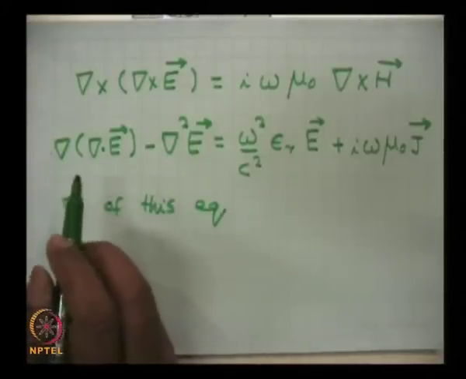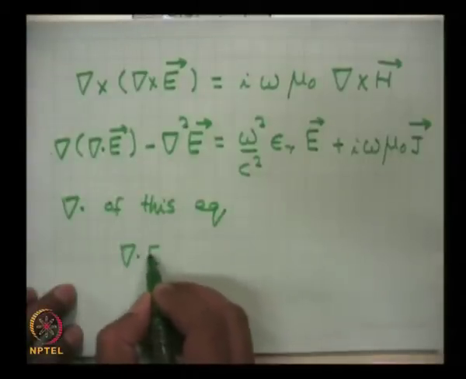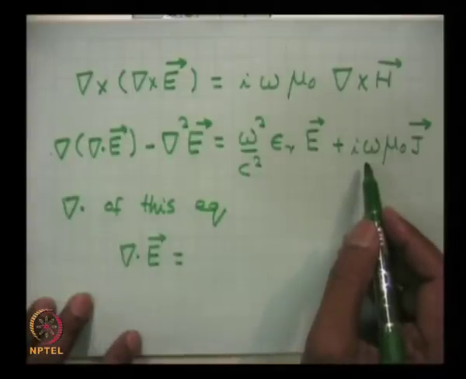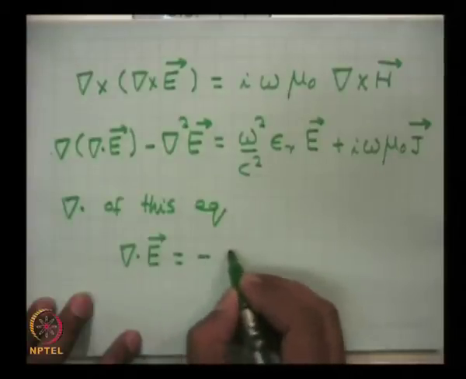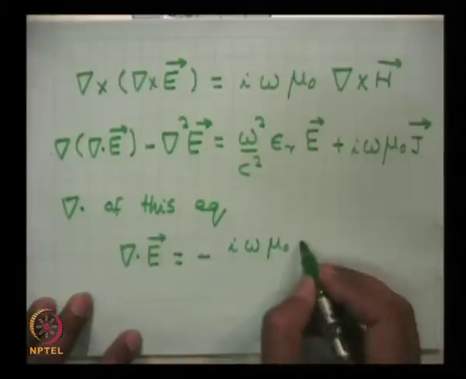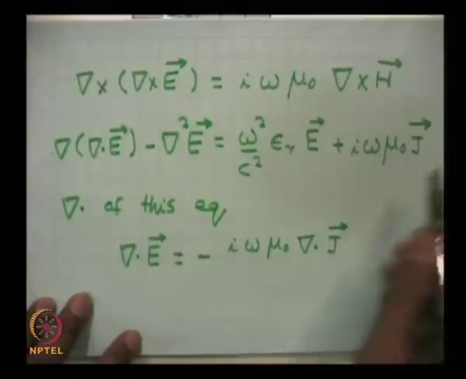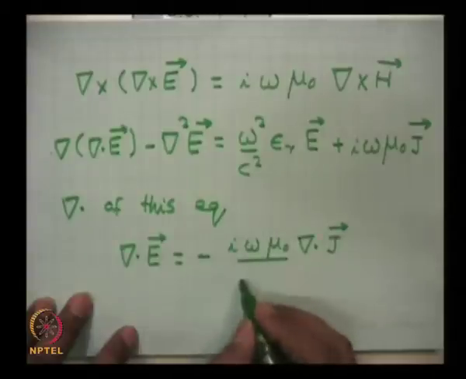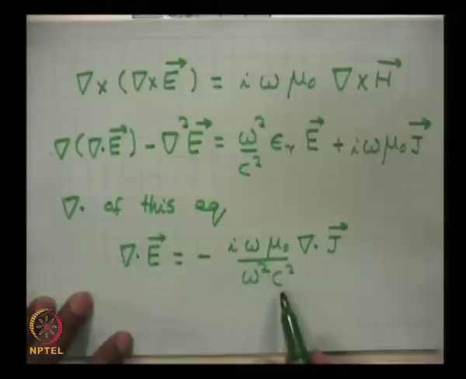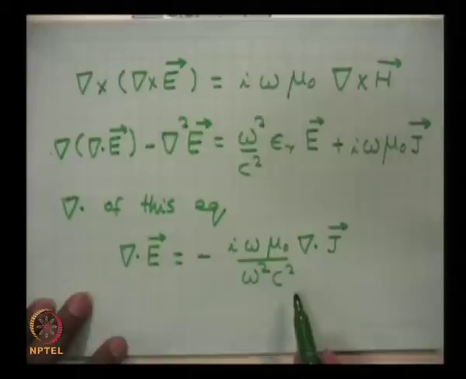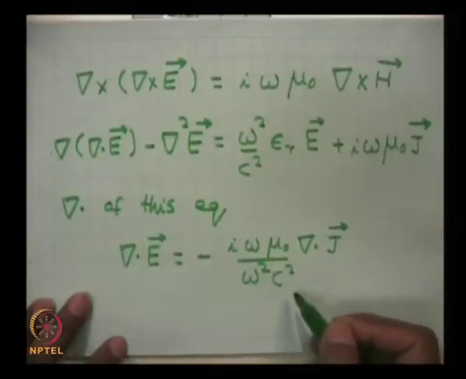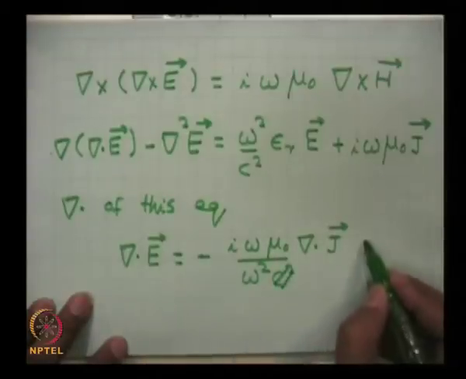Then these two terms exactly cancel each other, and this gives me divergence of E turns out to be equal to minus i omega mu 0 into divergence of J, because I am taking del dot of E and del dot of J, with the quantity omega square by c square. I made a mistake, c square goes up.